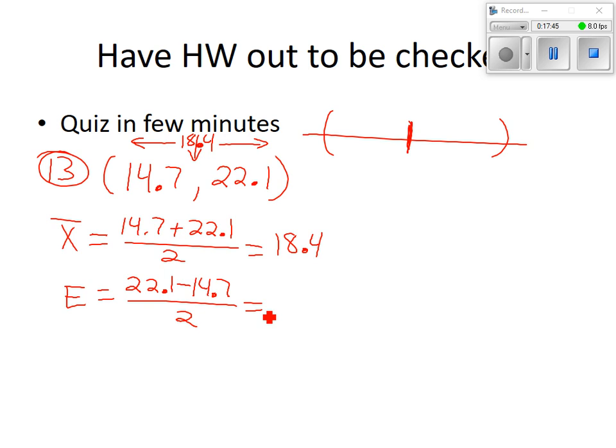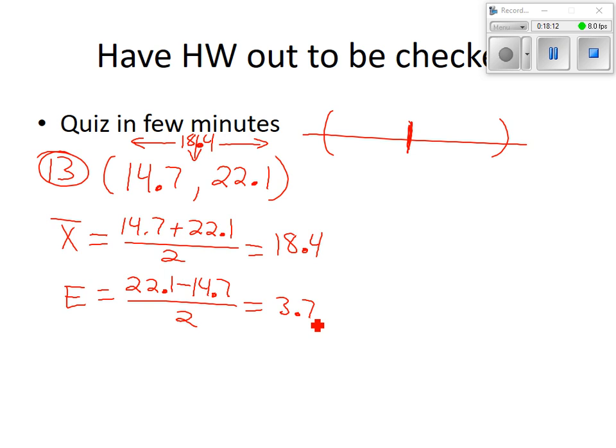7.4. Did you divide it by 2? Oh, yeah, it's divide by 2. 3.7. Yeah, you divided by 2. Now, look at what we have. From 18.4, does it make sense to get up to 22.1 that you go up about 4? Yeah. To go down, does it make sense that you go down about 4? Yeah. That's your margin of error.